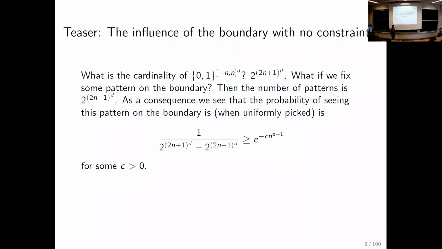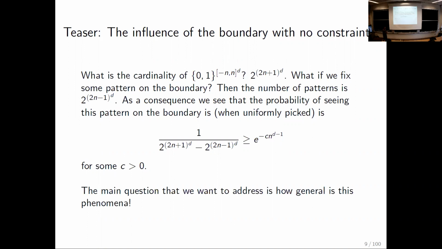So take all the vertices, embed this in Z^d and look at all vertices. You have an element on the outside, which is neighboring, and an element inside, which is neighboring. Right. So this is elementary.